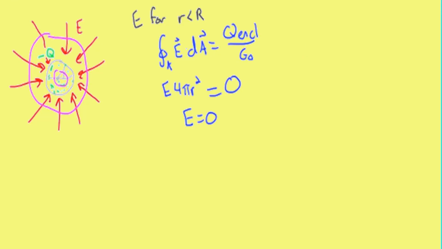So now we will solve for the E field for r greater than big R. So we'll come over here, we'll rewrite Gauss's law. So it's E dot dA. That's going to be equal to the charge enclosed over epsilon naught.